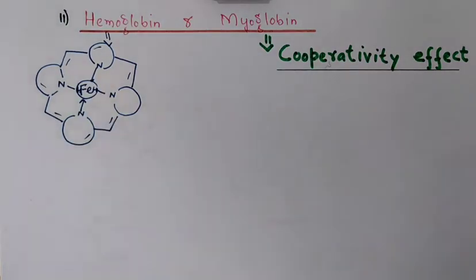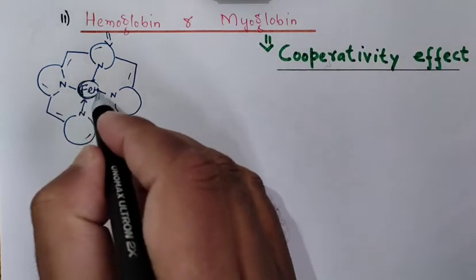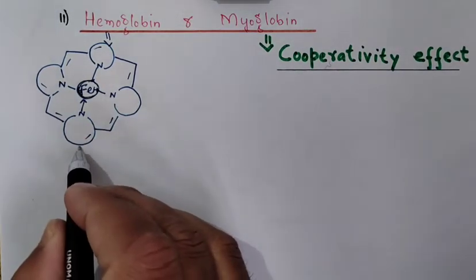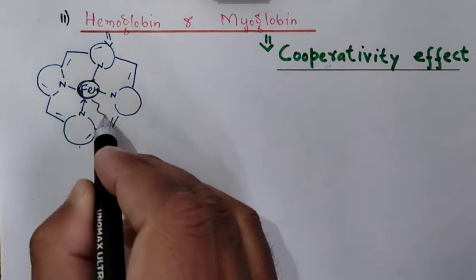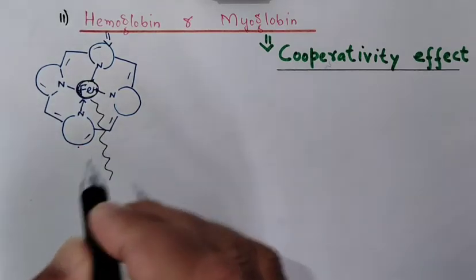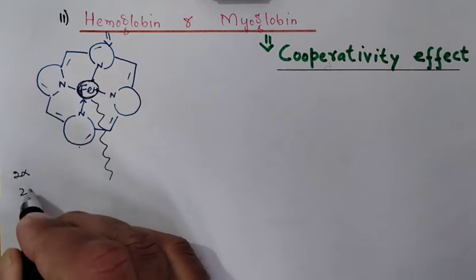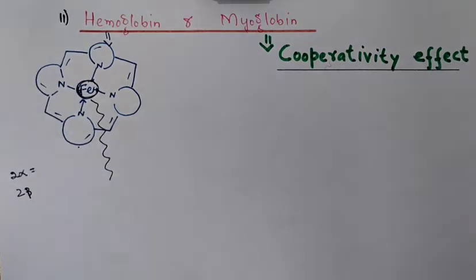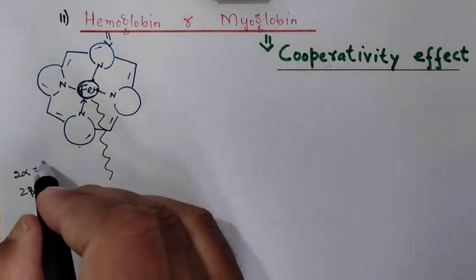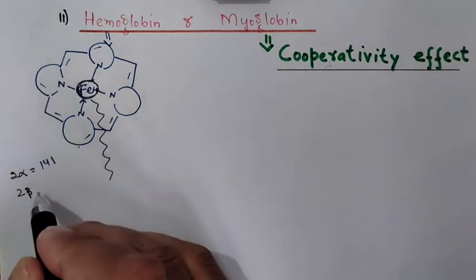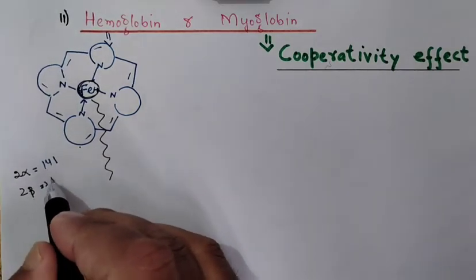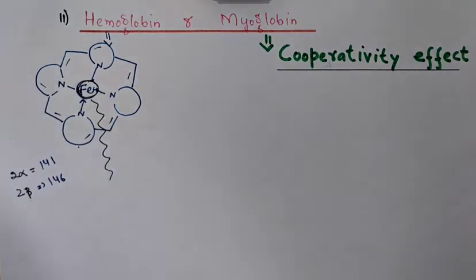In hemoglobin, as we discussed, there are 4 protein chains also attached: 2 alpha and 2 beta chains. In the alpha chains the number of amino acids is 141 in each chain, and in beta we have 146 amino acids in each chain.